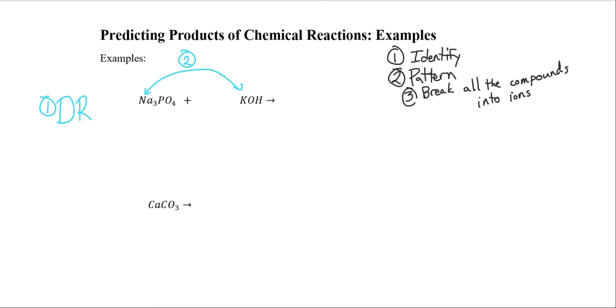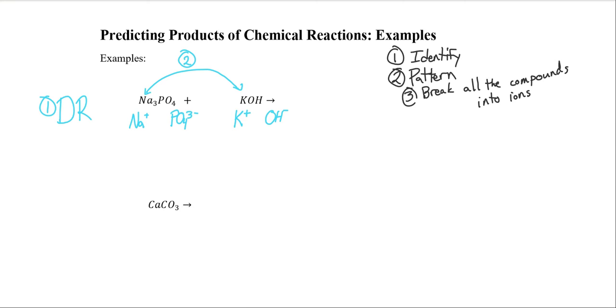I see for sodium phosphate, it's made of sodium, which is a 1 plus ion, and phosphate, which is a PO4 3 minus ion. And my other chemical, potassium hydroxide, is made of potassium, which is a 1 plus ion, and hydroxide, which is an OH 1 minus ion.